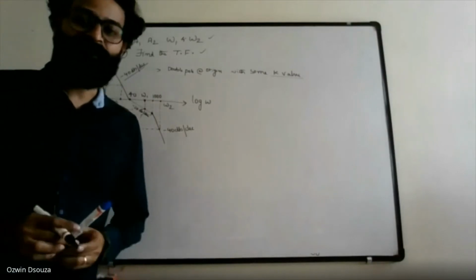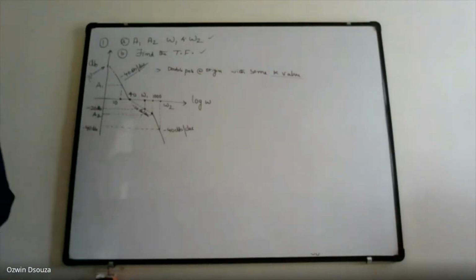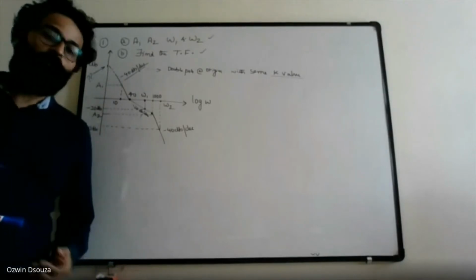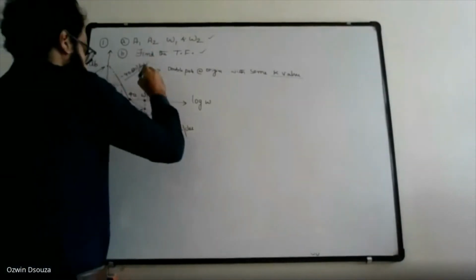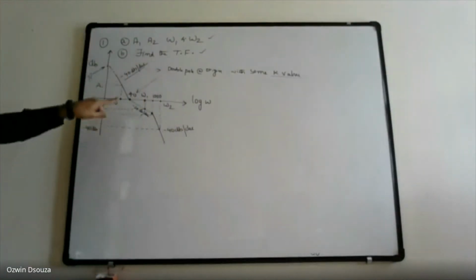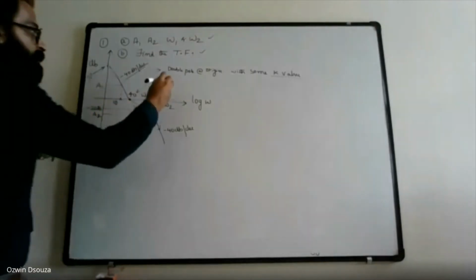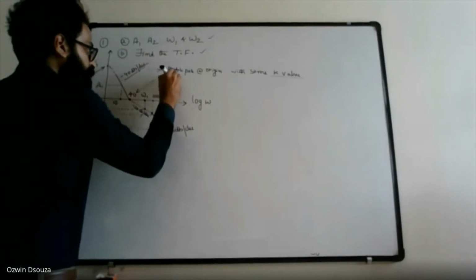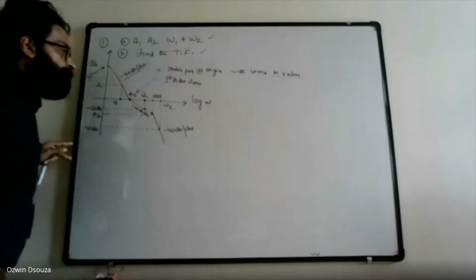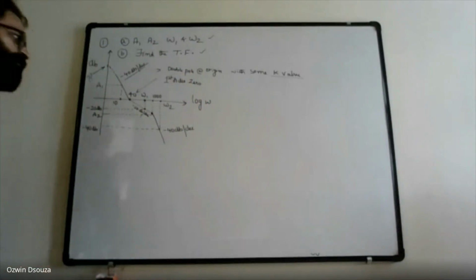Now, what is this plus 20 decibel per decade? It has to be a 0, right? So 0 contributes positive slope. So you can say that at omega equal to 40, you have a first order 0.